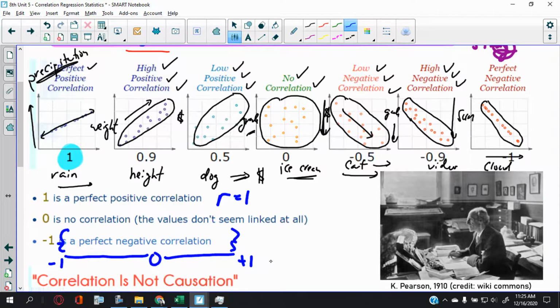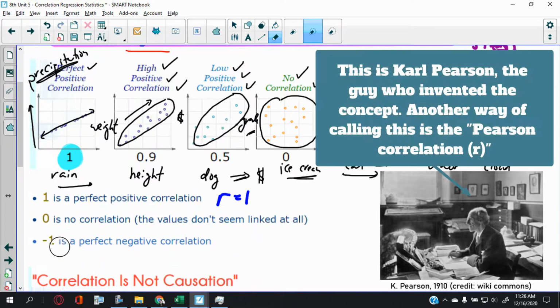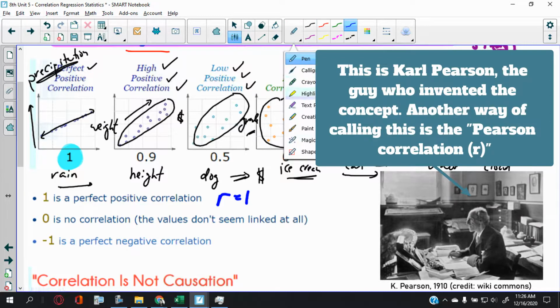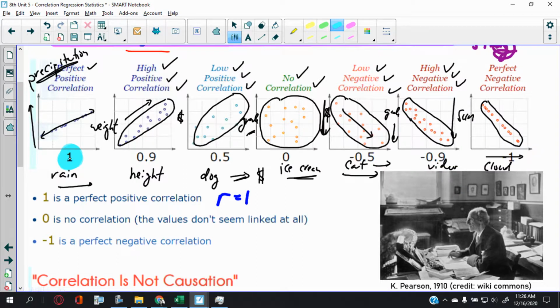There's no correlation of 2, 3, or -1.5, things like that. It's a range. I know this is a lot of information. So let's look back. A perfect positive correlation is 1. On the other side, a perfect negative correlation is -1.